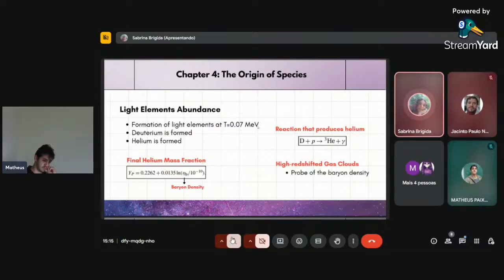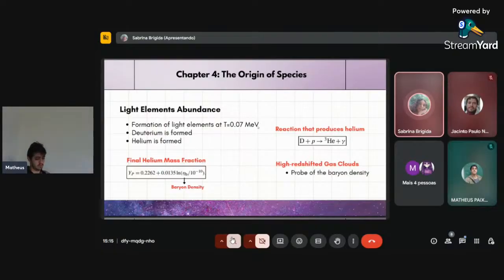For example, the formation of deuterium in the universe does not happen immediately at the beginning because there are many energetic photons that break the deuterium. But when the temperature of the universe decreases, these photons start to lose energy, and deuterium is no longer easily destroyed.